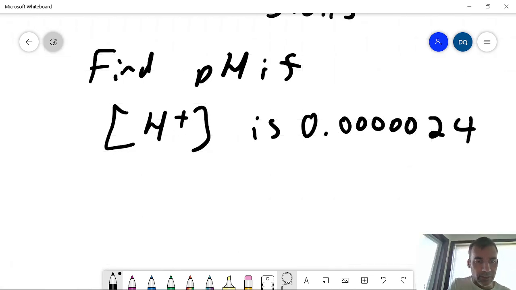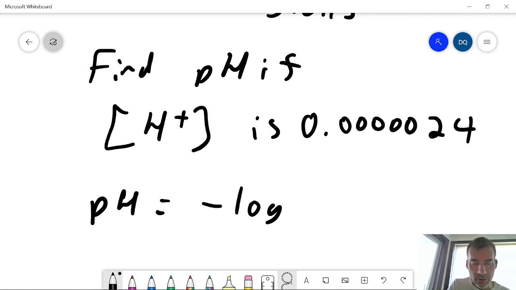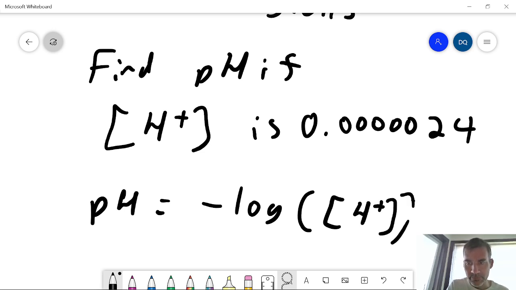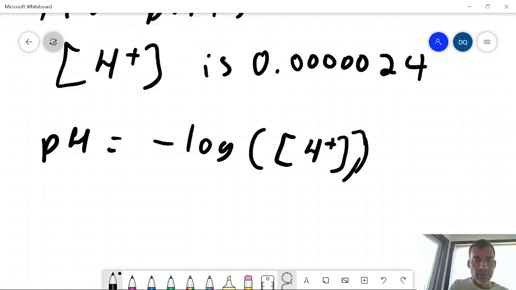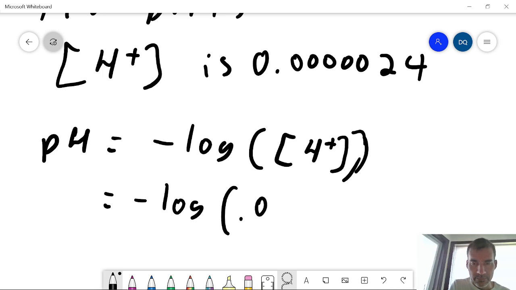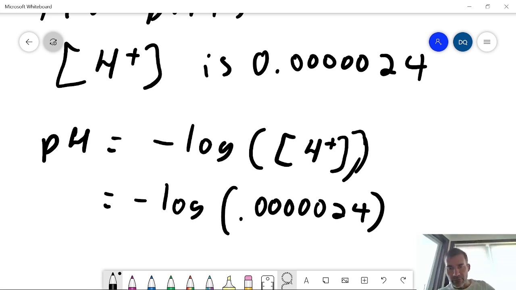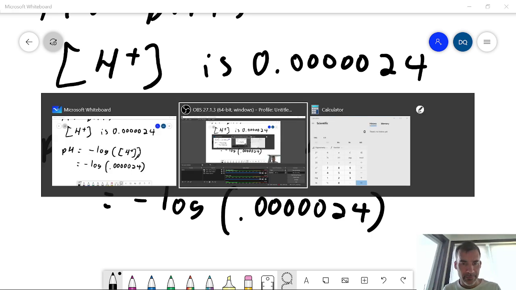Now the pH scale is defined as the negative log of the hydrogen ion concentration. So I just want the negative log of 0.0000024.